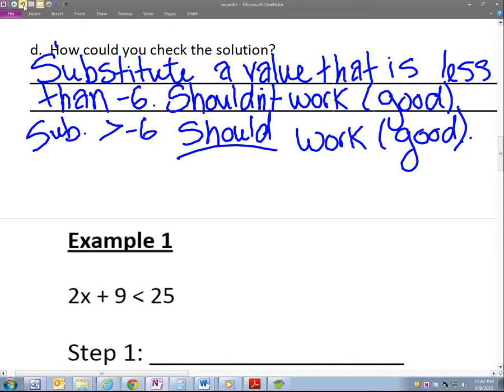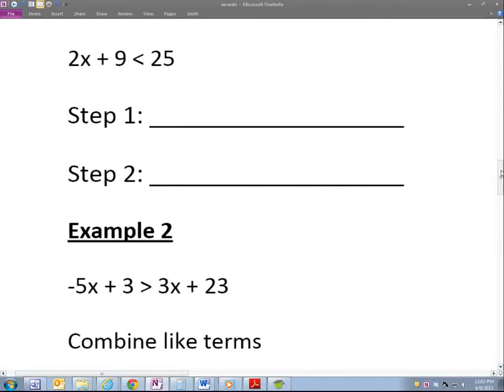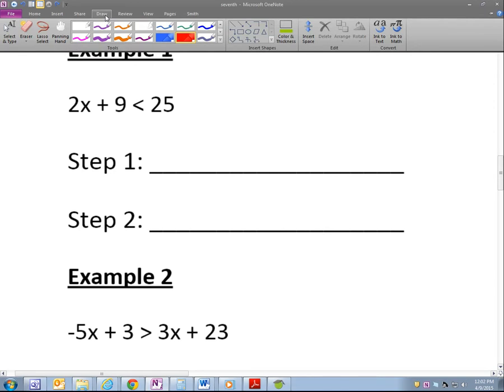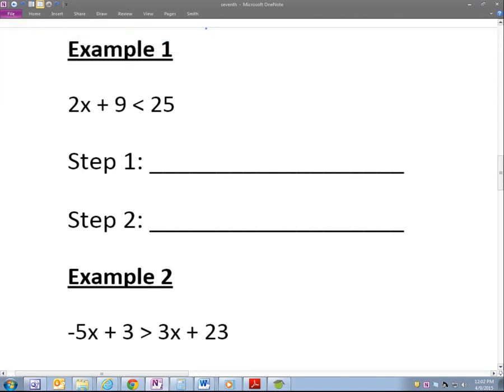All right, let's do some examples. This is going to be very similar to what we did yesterday. For those of you that struggled possibly on your homework, hopefully we'll be all right. This is actually just a two-step equation with the one side, so this is stuff from 2 days ago.